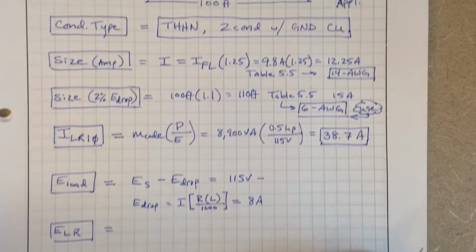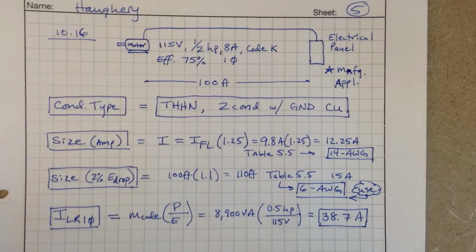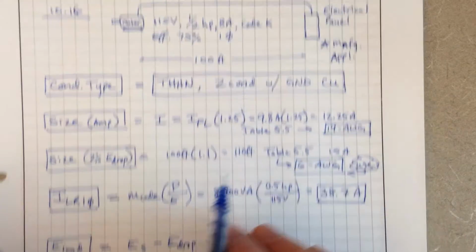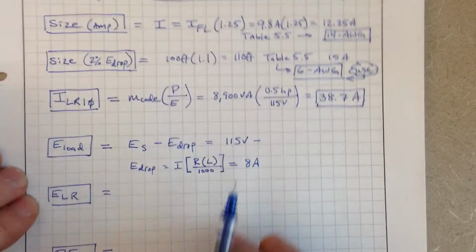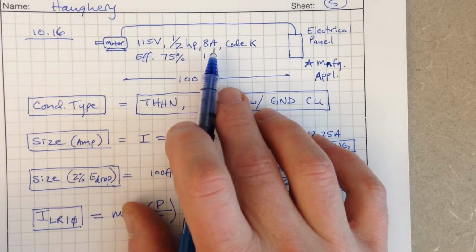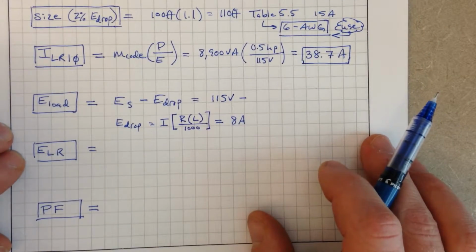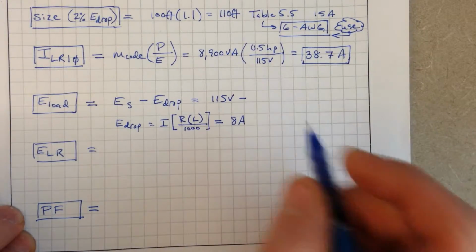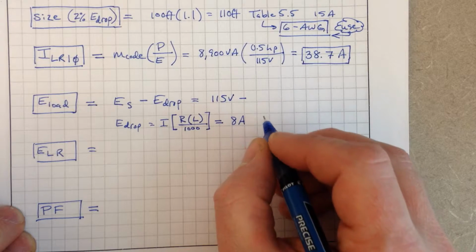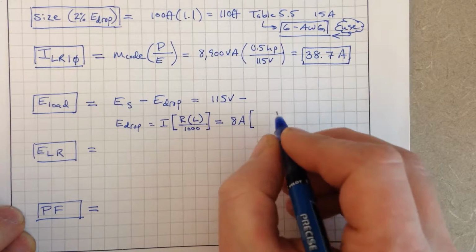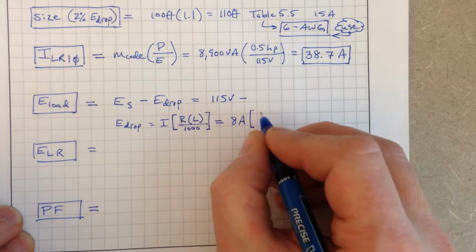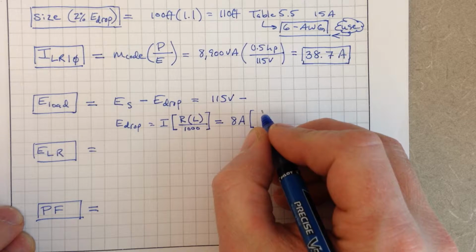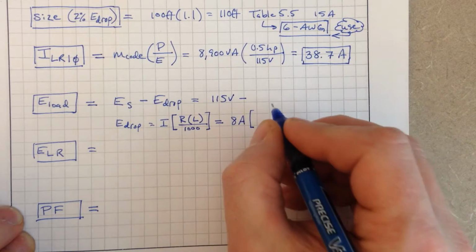So we're going back up to the normal scenario, running at full load. We're not talking about locked rotor. At full load, it's going to draw 8 amps. So to do Ohm's law, we want to use that full load amperage from the nameplate.